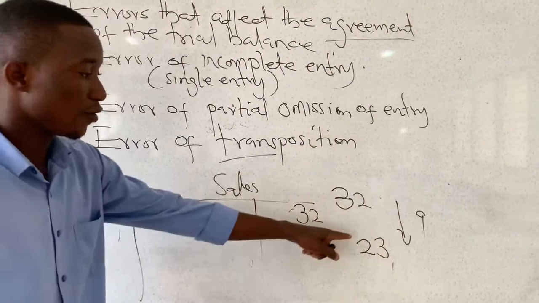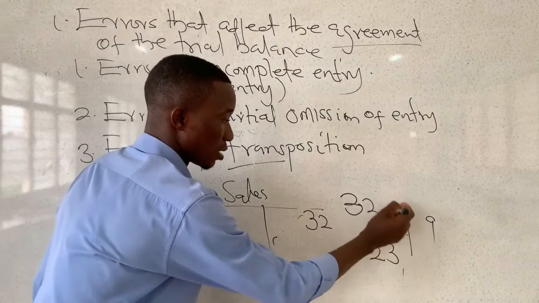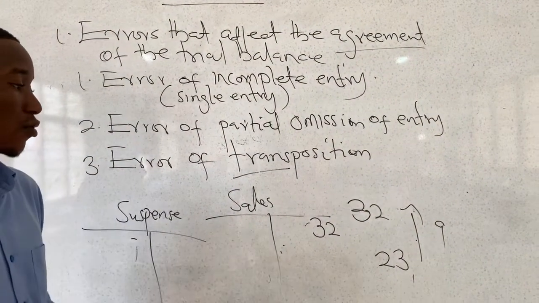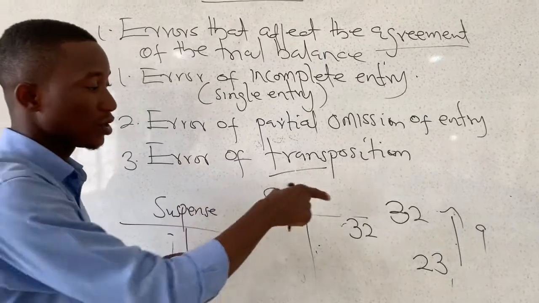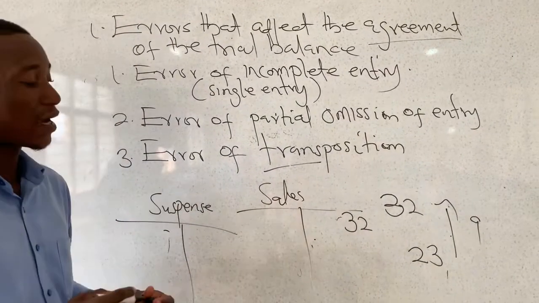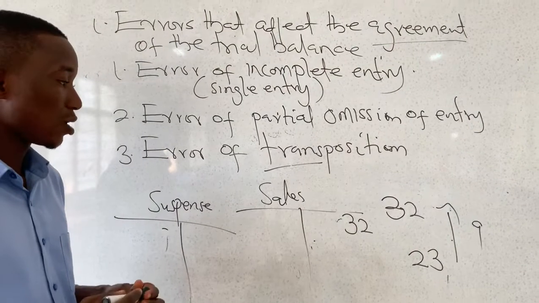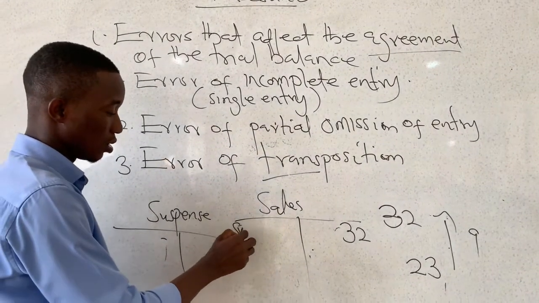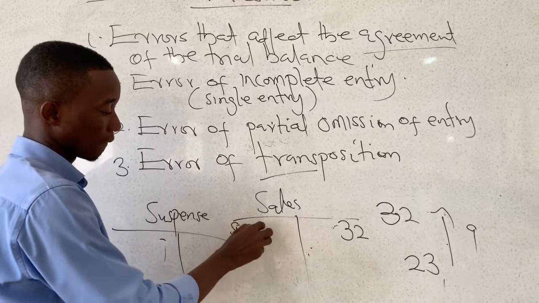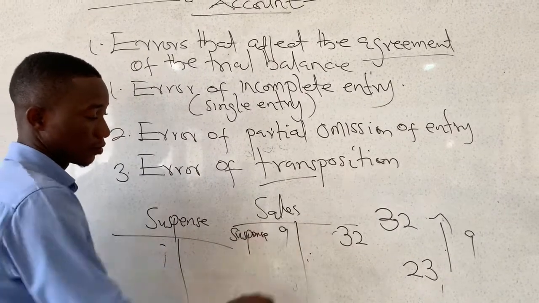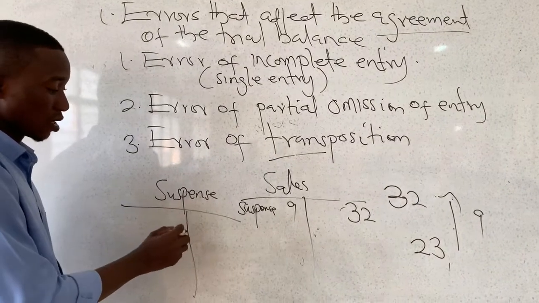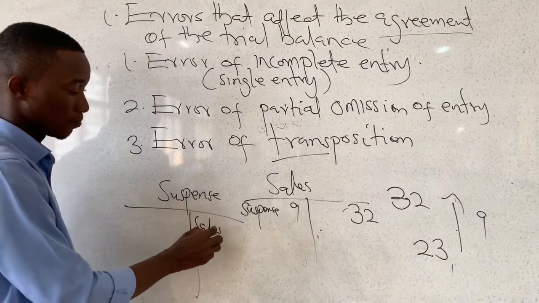It means we've overstated the sales amount by 9 cedis. In order to correct this error, we recorded the difference, which is $9, at the opposite side of the account which is overstated. So we come and record 9 over here in the name of Suspense. Suspense 9. Okay, because it is at the debit side, we come to Suspense account in the name of sales 9.